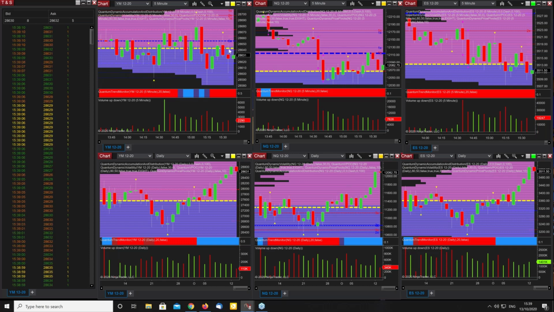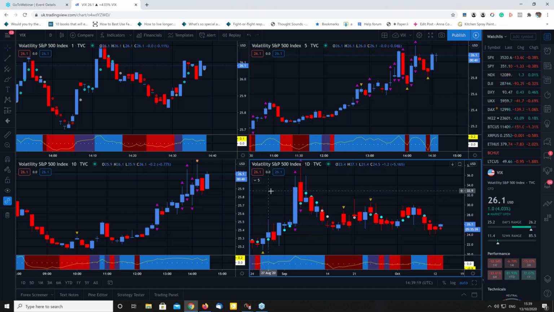We're trading around the volume point of control on the 5-minute time frame. That's the reason we're seeing congestion. We're also seeing congestion because if I pull over the VIX here, this is what the VIX is doing right now. This is on 1 minute, this is on 5 minute, this is on 10 minute, and this is on the daily. So it's no great surprise to see the indices pretty congested.